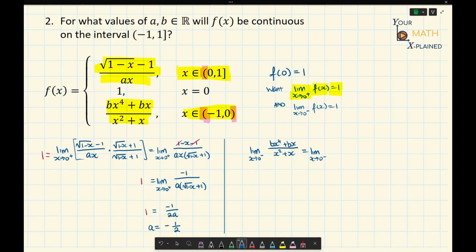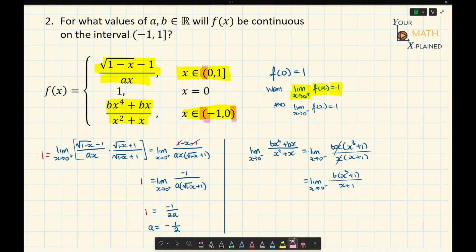So then we get the top is b times x times (x to the power of 3, plus 1). And then our denominator is going to be x times (x plus 1). Now we can cancel out the x on the top and the bottom, so this becomes the limit as x approaches 0 from the left-hand side of b times (x cubed plus 1) over (x plus 1).